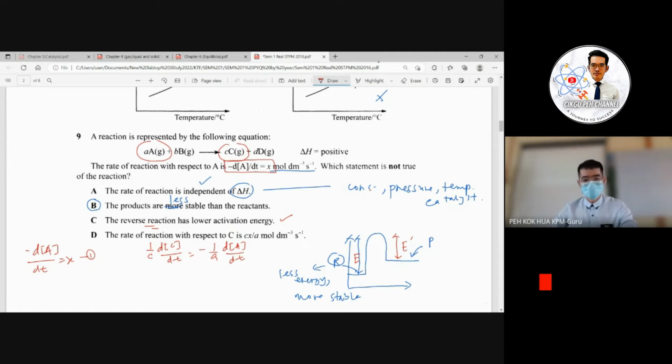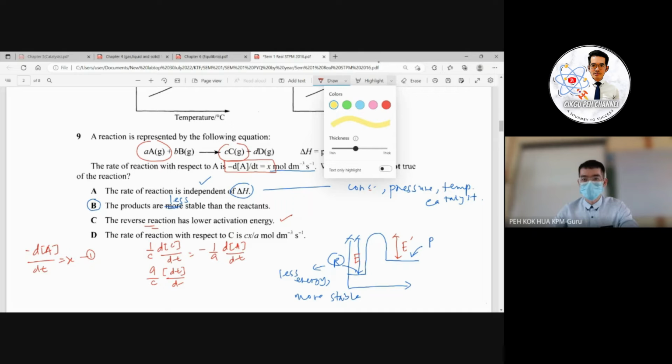Okay, then we move the A to the other side, we get A over C, dt over dc over dt, equal to negative dA over dt. So here it will be X, right? This one will be X.